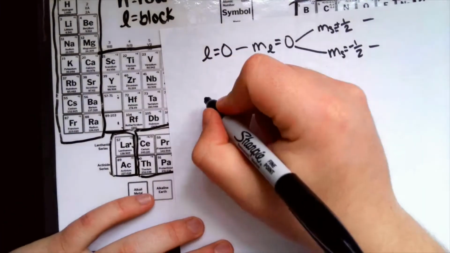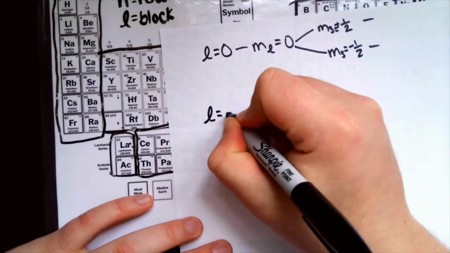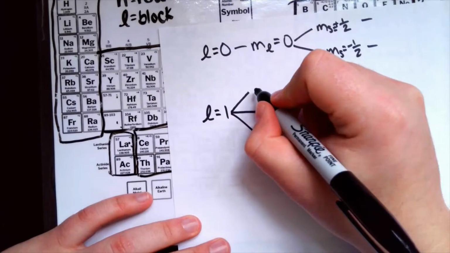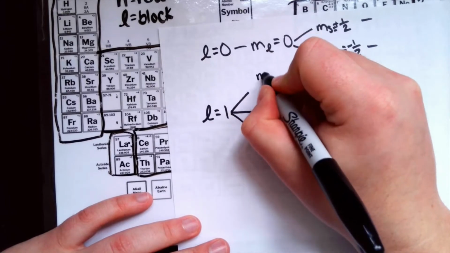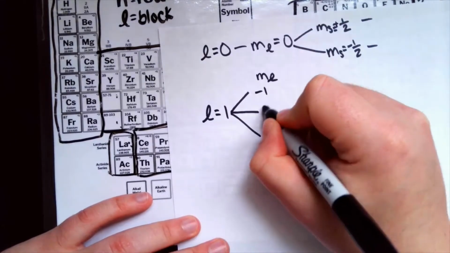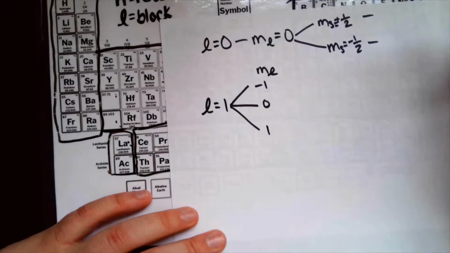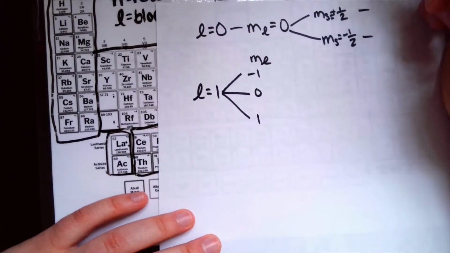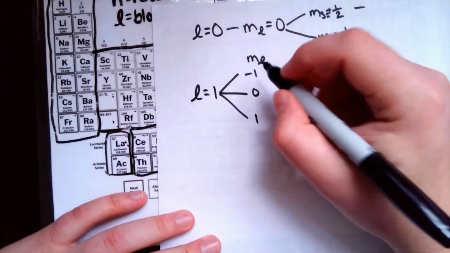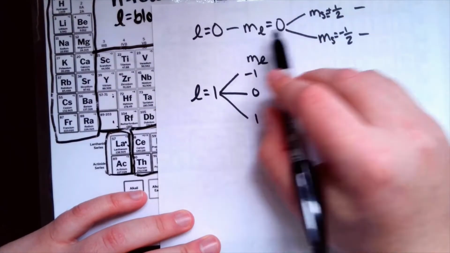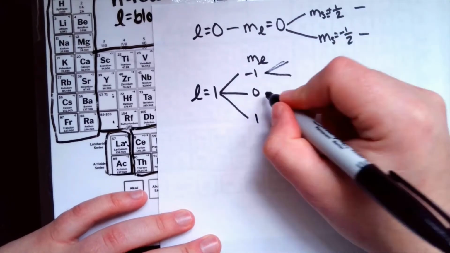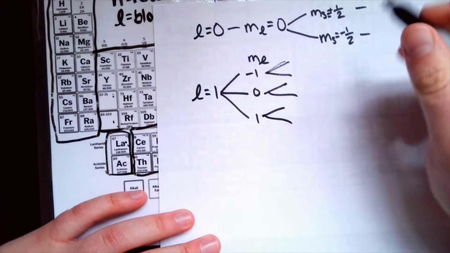If your L value is 1, that means your m sub L can go from negative L to positive L. So there are 3 different m sub L values, which means that there are 3 different orbitals present. Each orbital, again, can have 2 electrons, a plus spin and a minus spin.